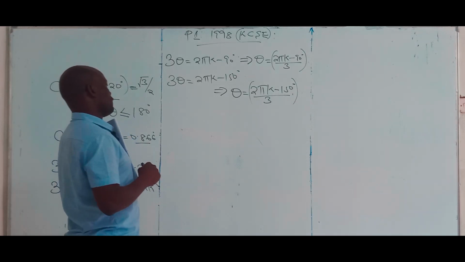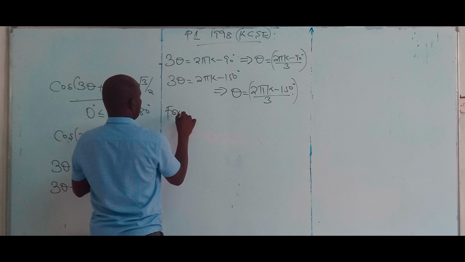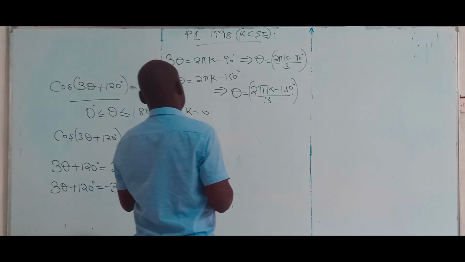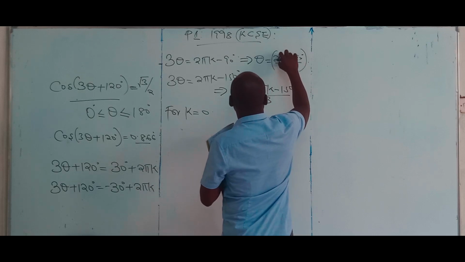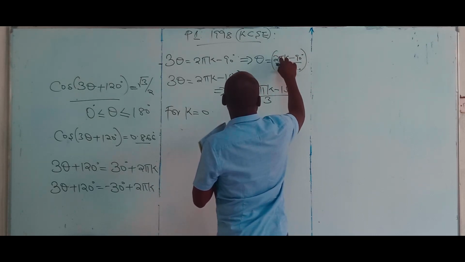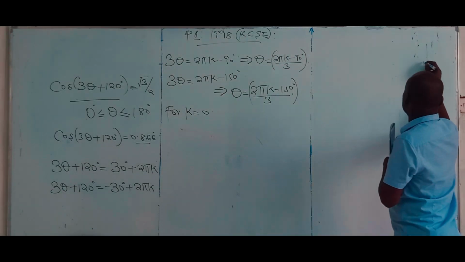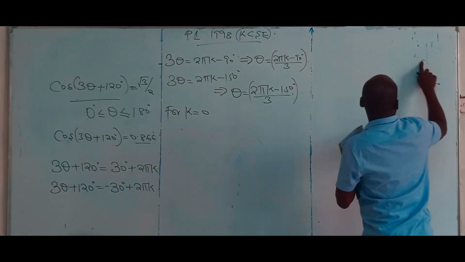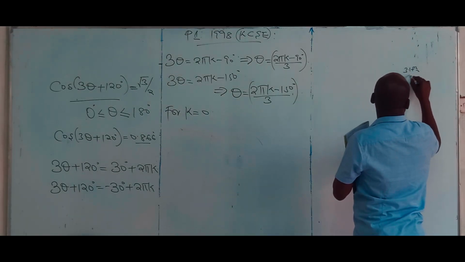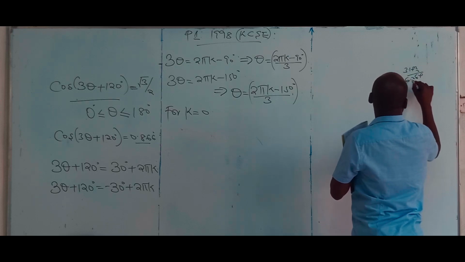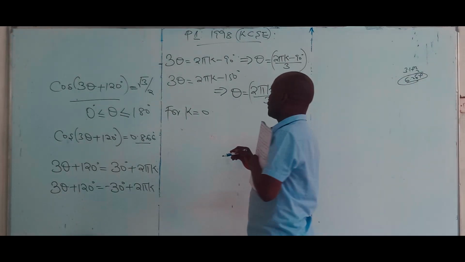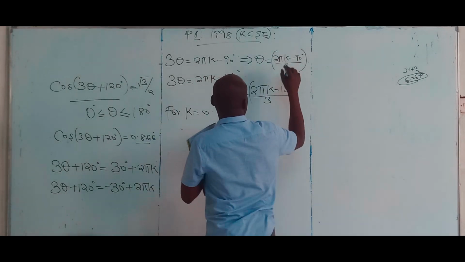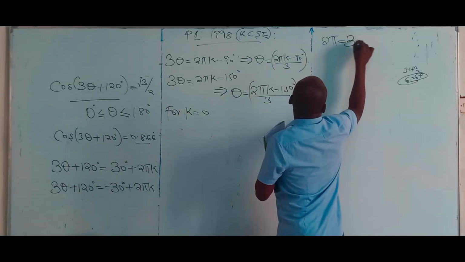Once we are there, we test for the values of k for theta. Since this is in degrees, we should also have this in degrees. 2 pi is 3.142 times 2, which gives us 6.284, and we can comfortably replace it with 360 by saying that 2 pi is equivalent to 360 degrees.